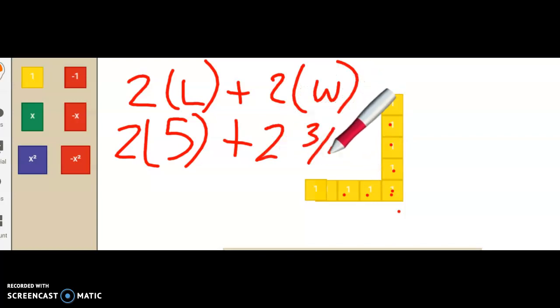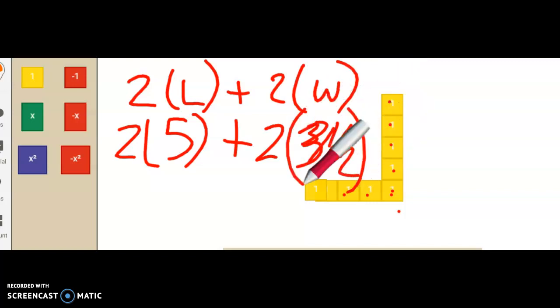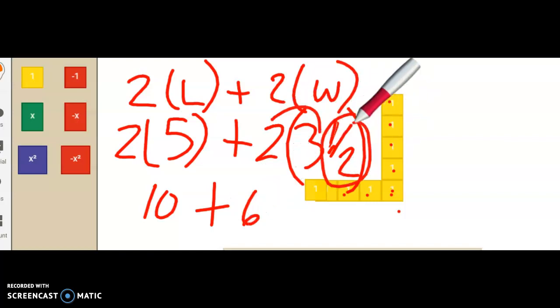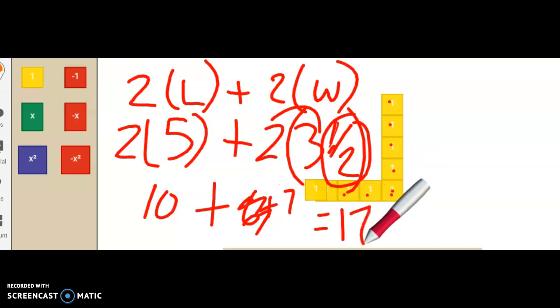Oops, sorry, 3 and 1/2. All right, 2 times 5 is going to give us 10, plus 2 times 3 is going to give us 6, and 2 times 1/2, or 2 halves, is going to equal 1 whole, so this is going to equal 7. So 10 plus 7 is going to give us 17.